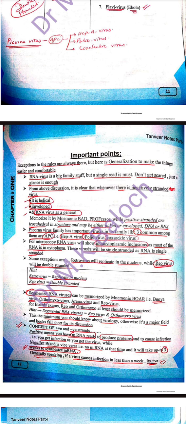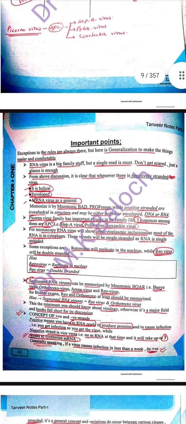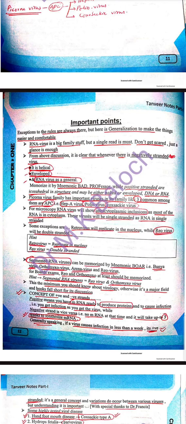So, hint is segmental RNA virus, Reo and orthomyxovirus. Just read the RNA and important points. Okay, so this is the minimum you should know about virology. Otherwise, it's a major field and books fall short for it.